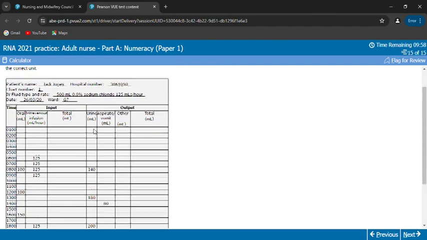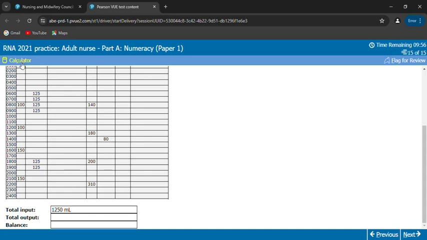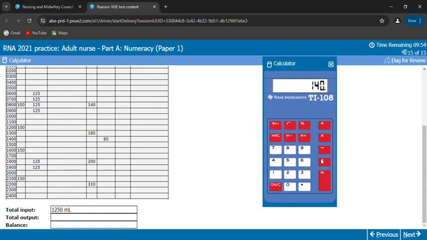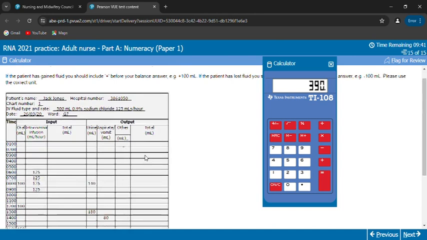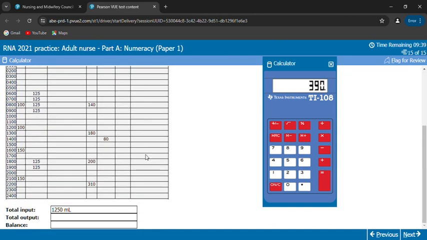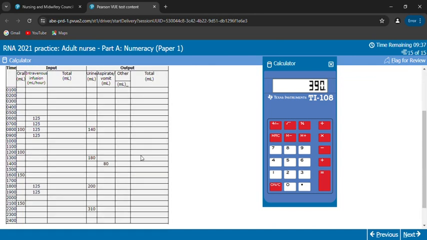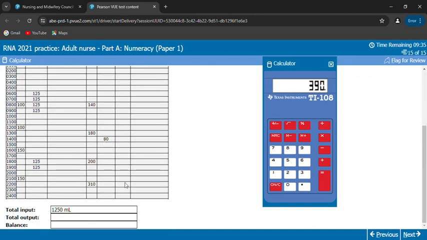So how much output do we have? We have 140 plus 180 plus 200 plus 310 plus 80. We only have that much output.